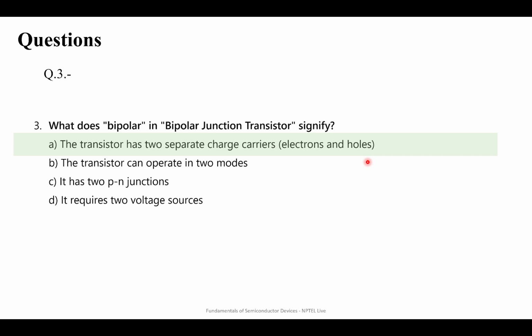So a PN junction is called a bipolar junction because when a PN junction is forward biased, it has conduction from both electrons and holes. Therefore, a PN junction is called a bipolar junction, and a BJT is made from PN junctions. Therefore, it's called a bipolar junction transistor.